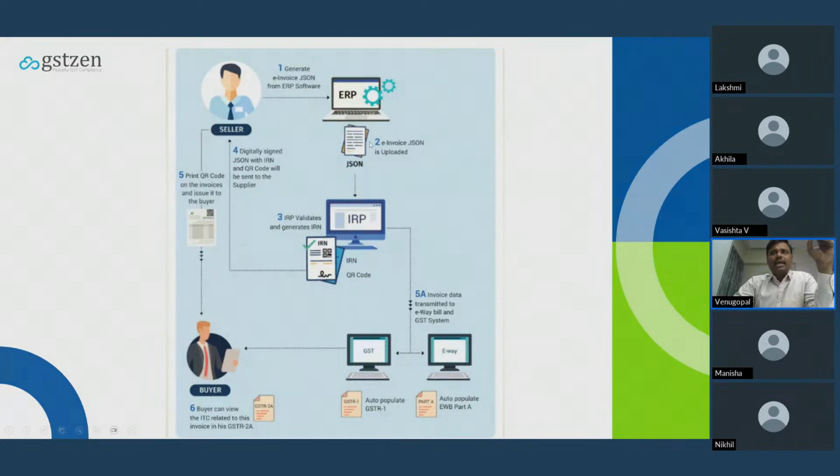What they would do, they will send a JSON file. This JSON file will get validated by the IRP. They will do a deduplication check. And if everything is in conformity and the schema is proper, they will issue an IRN, invoice reference number, digitally sign the document, and send it back to the seller, step 4.